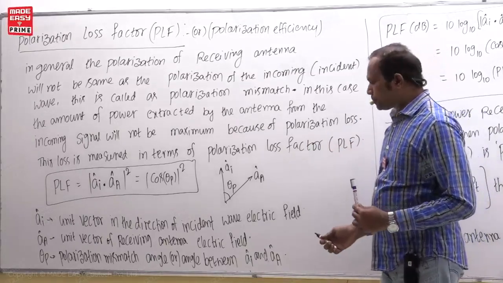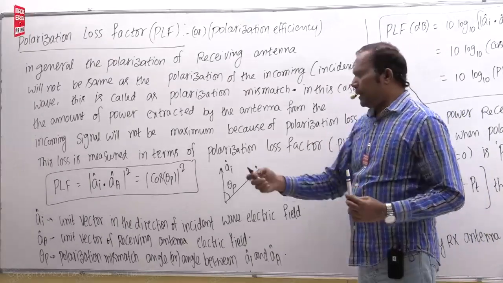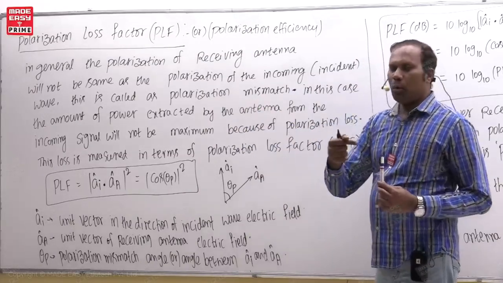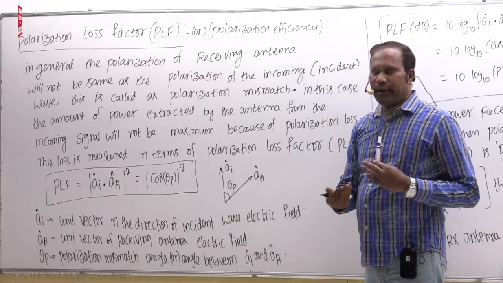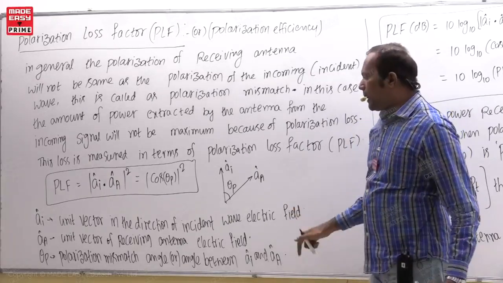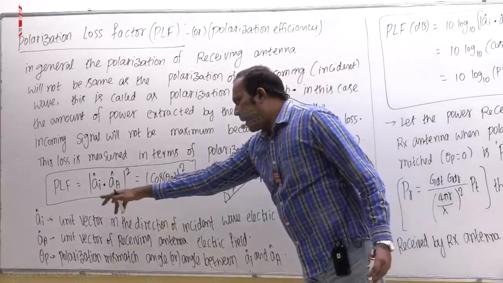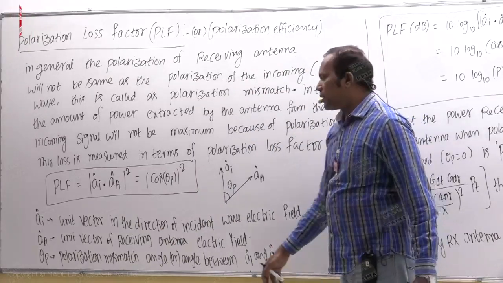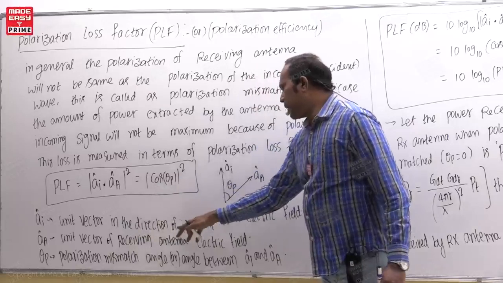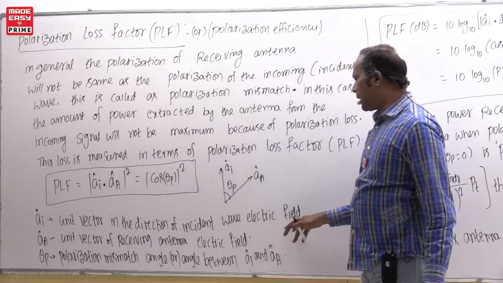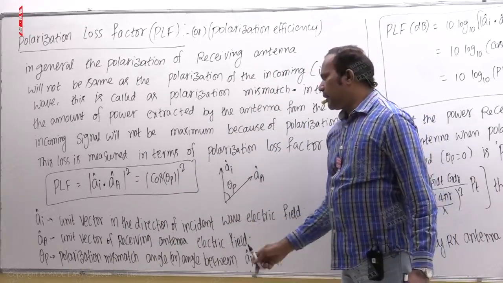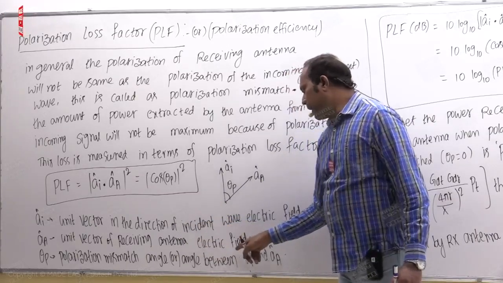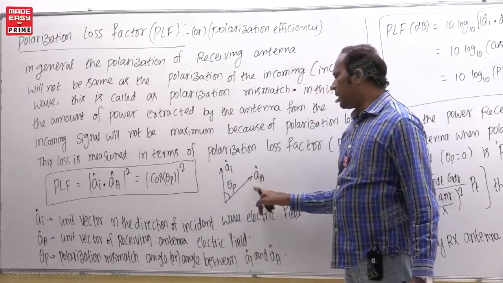For example, this is the incoming EM wave, and it has an electric field. Now let us say AI cap. A cap means unit vector, and I means incoming or incident. So AI cap is the unit vector in the direction of the incident wave electric field. AA cap means the unit vector of the receiving antenna electric field, which will be given in the question.